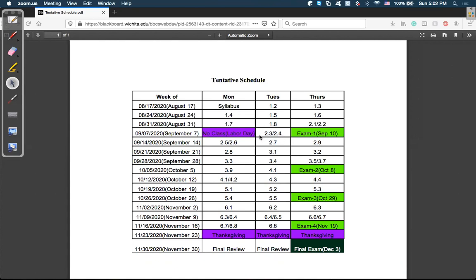Starting from here till here, I will be covering everything from 2.3 till 3.7. Everything that I'm going to cover this week is also going to be in the exam. Now 3.9 and 4.1 will be included on exam 3. So basically from 2.3 to 3.7, it's going to be exam 2.